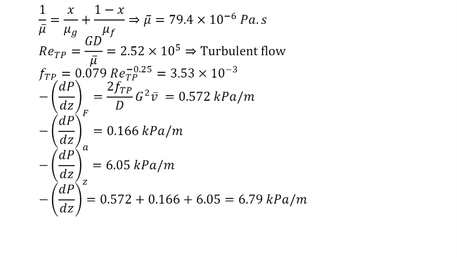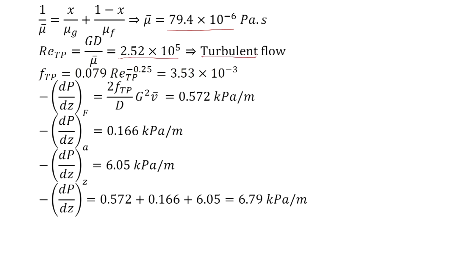Now, for a slightly more accurate calculation, we estimate the mixture viscosity using the McAdams relation as 79.4 into 10 raised to minus 6 SI units. The Reynolds number for the two phase mixture is 2.52 into 10 raised to 5.